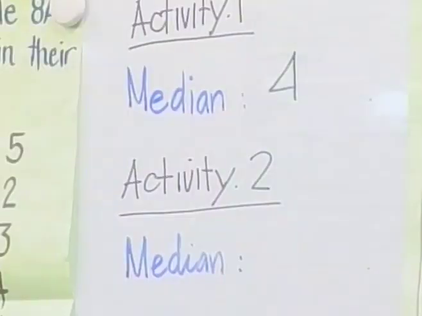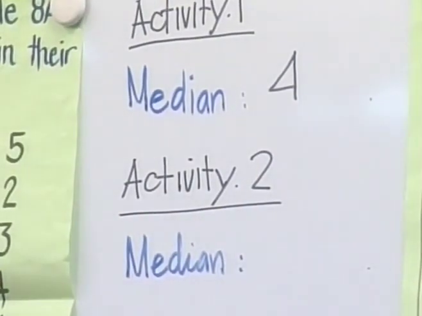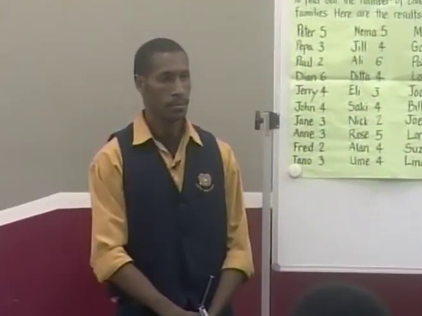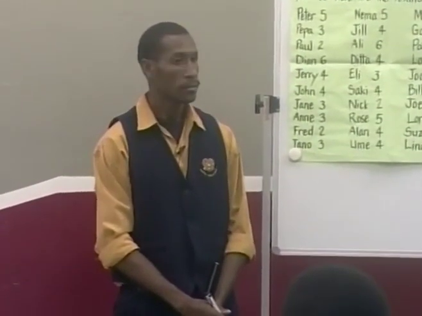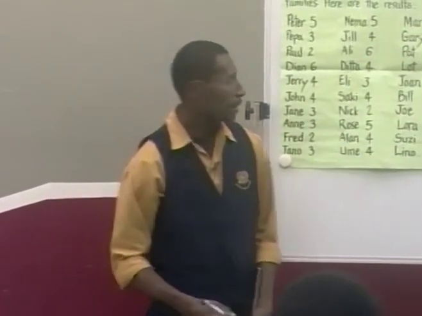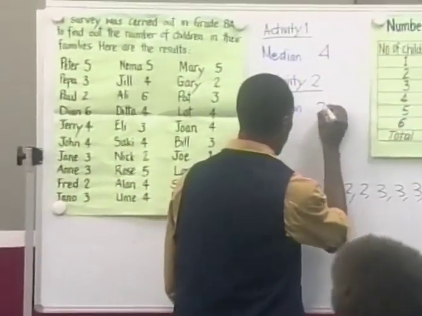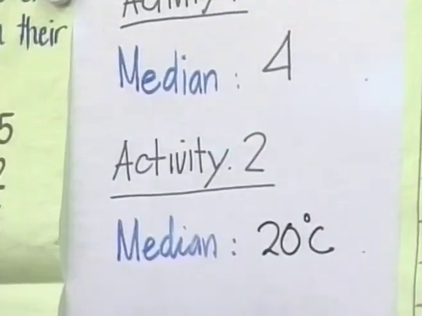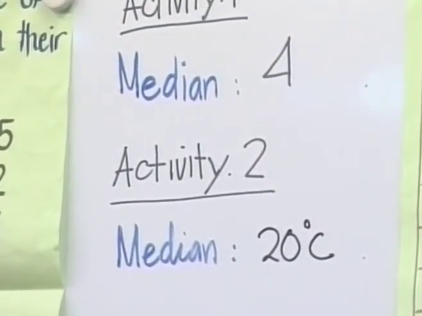Priscilla, can you tell us the answer to activity 2? The median of the temperature is 20 degrees Celsius. 20 degrees Celsius, okay? How did you get that?